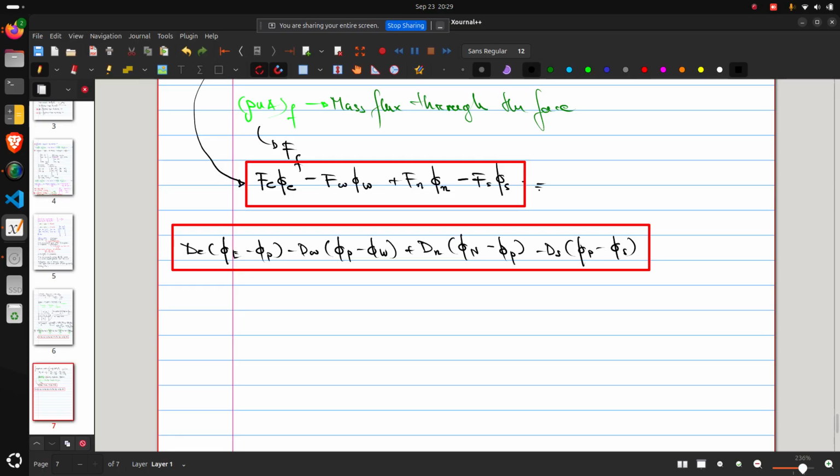This will be equal to the diffusion term plus the source term, Sp phi p plus Sc times delta V, the volume. In this case, delta V is nothing but delta x delta y for the 2D case.